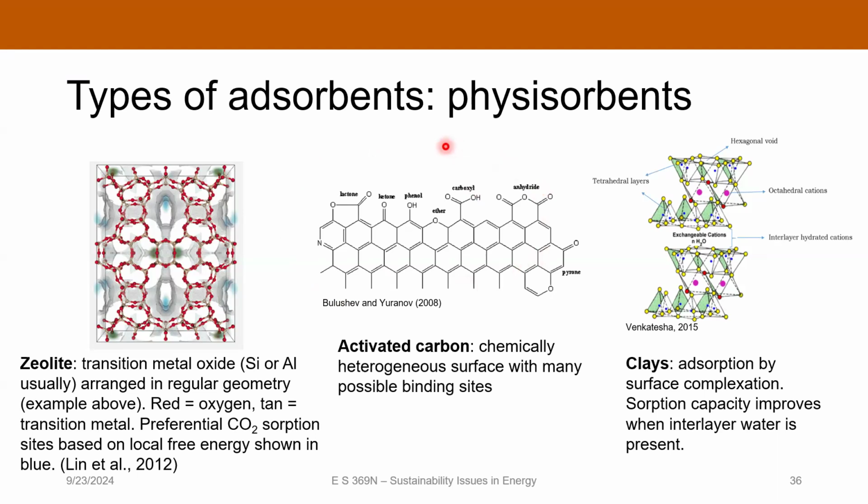This is a way of sequestering CO2 in the soil, partly through the charcoal itself, but also through the preferential adsorption on the surface. And then clays can also work as physisorbents because they have very high surface area. They can have surface complexes that'll work with the CO2. So this is another way that you can do it. But zeolite's probably the most efficient of these.